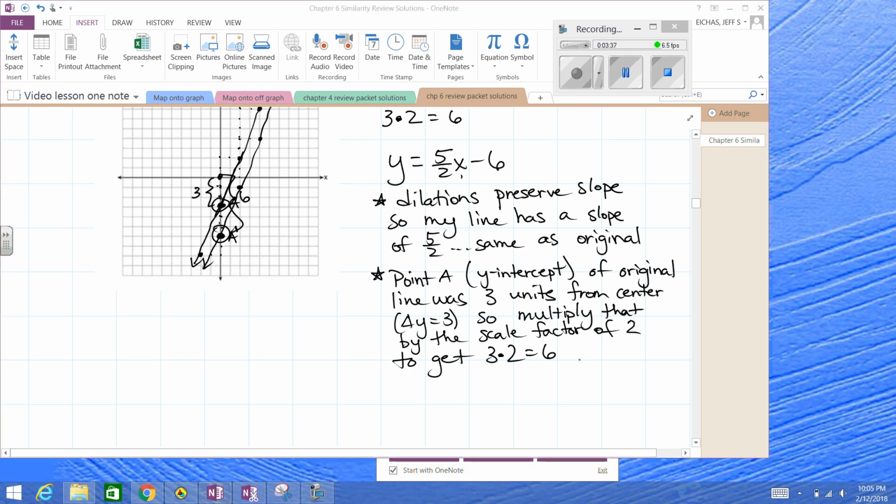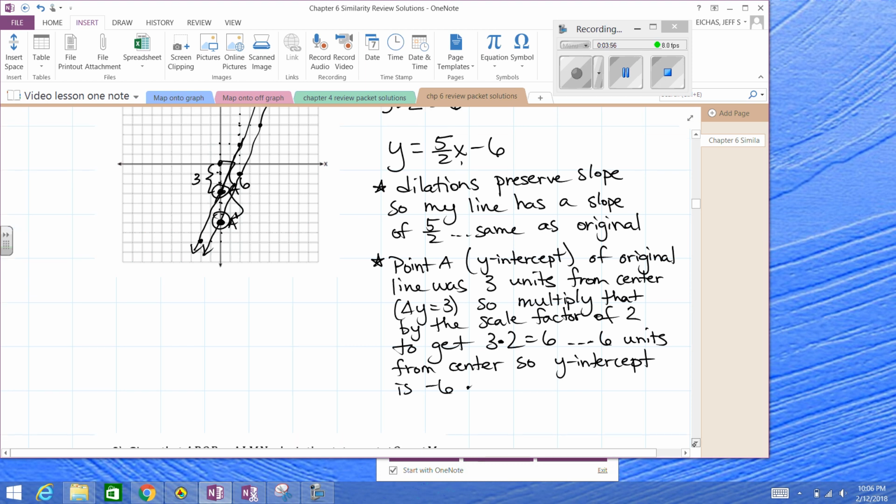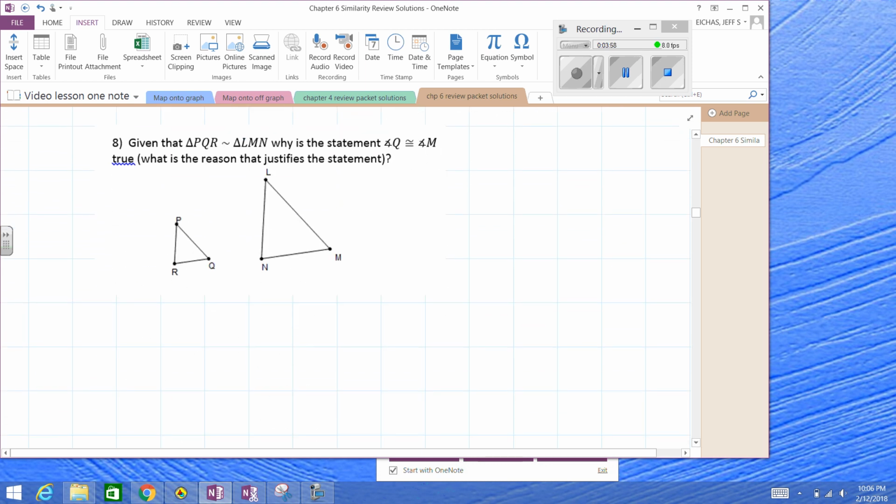So you get 6 units. So the y-intercept is now -6. All right, good enough. That more than does it.